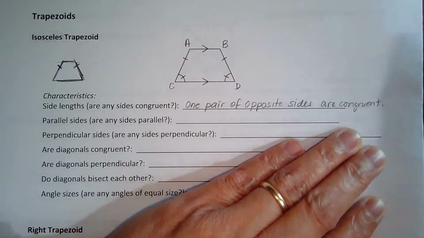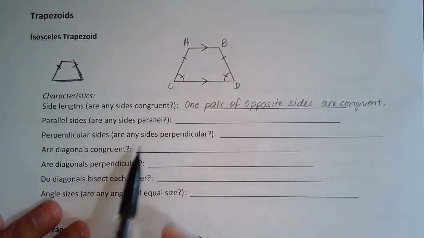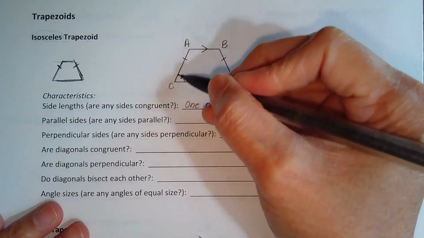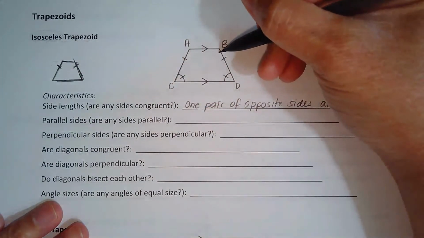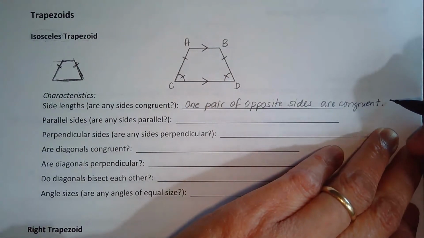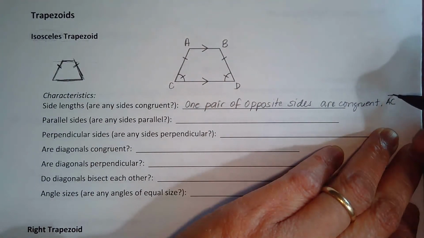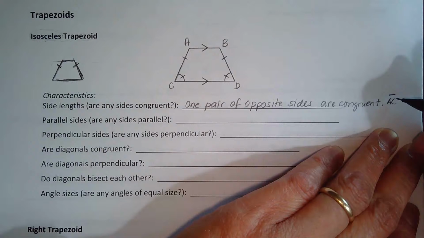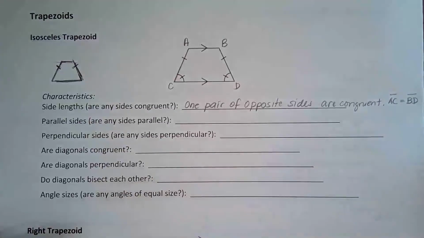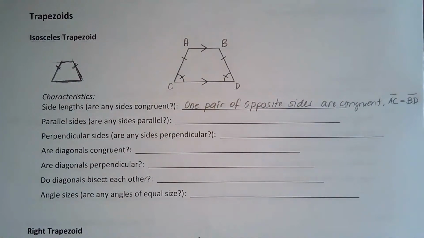That would be only AC equal to BD. So we can just say line segment AC equals line segment BD.